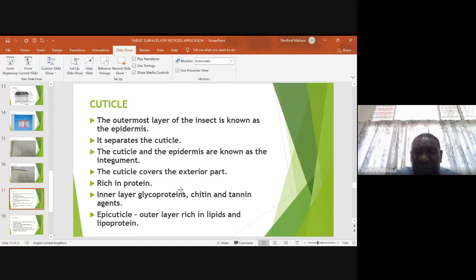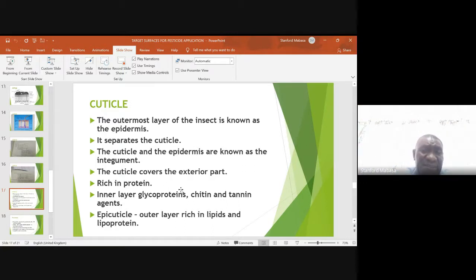Below it is the epidermis, which is separate from the cuticle. So you have the cuticle and the epidermis, and together they are known as the integument. The cuticle covers the exterior part, and it can be rich in protein.